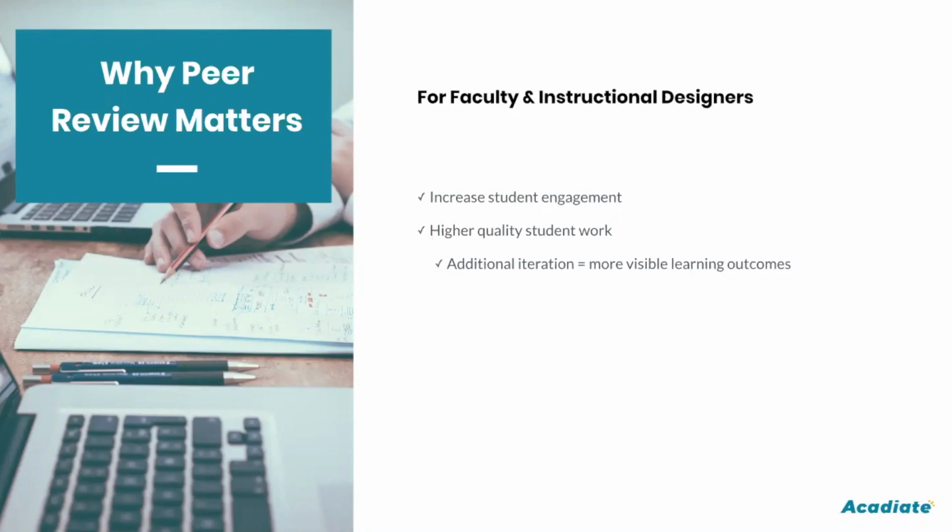So peer review can actually improve the quality and retention of students. And this is through greater iteration, where they're seeing more visible learning outcomes as they go through iterations, where they might create a digital portfolio, then they get peer reviewed, and then they revise it again.